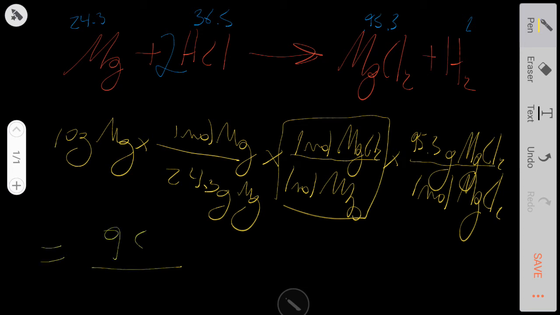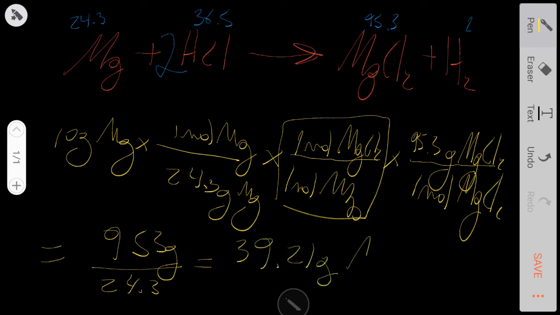Great, to solve this, I'll do 10 times 1 times 1 times 95.3, which is going to be 953 grams, divided by 24.3 times 1, so 24.3. I'm going to solve it on my calculator now, so 953 divided by 24.3 equals, I get 39.21 grams of magnesium chloride.